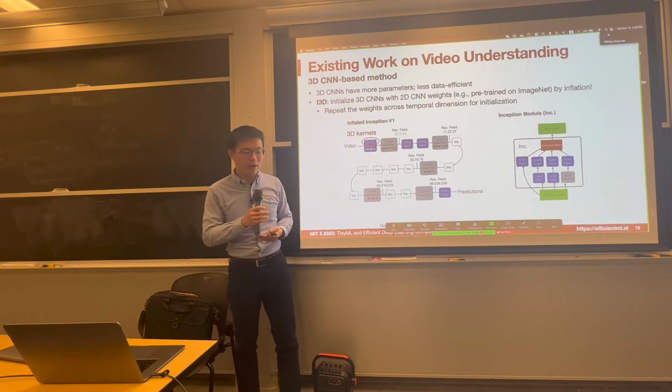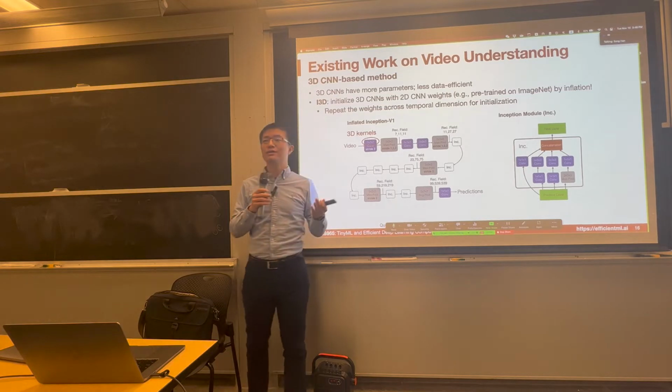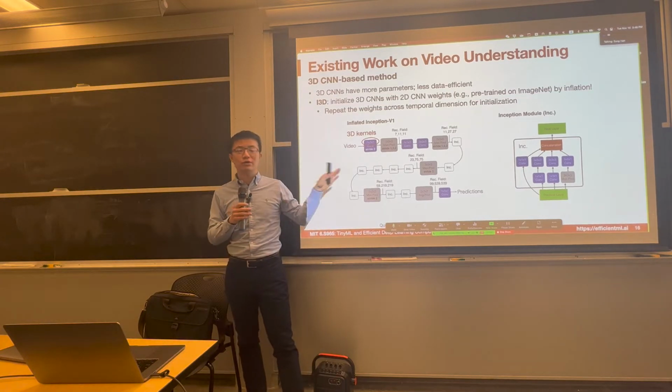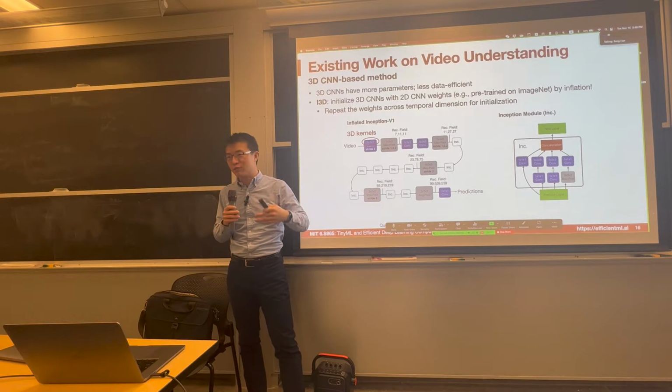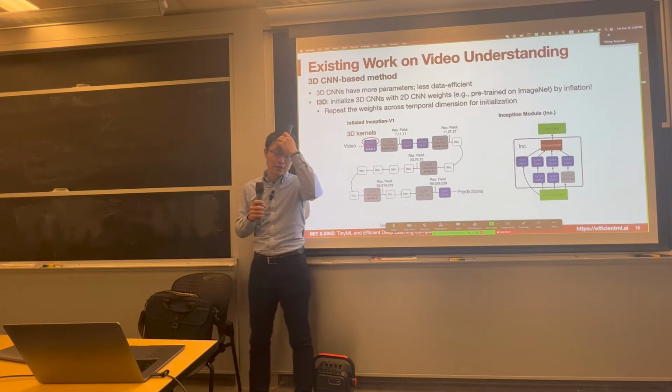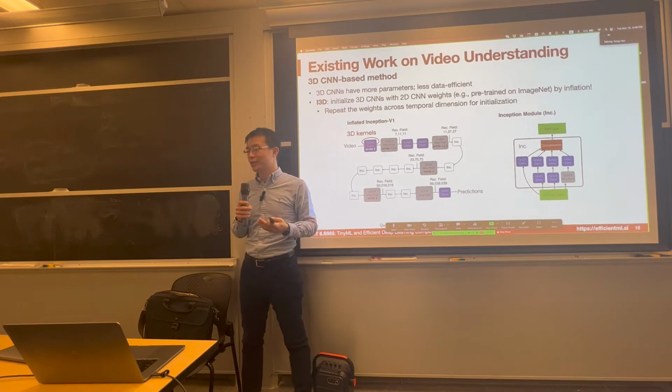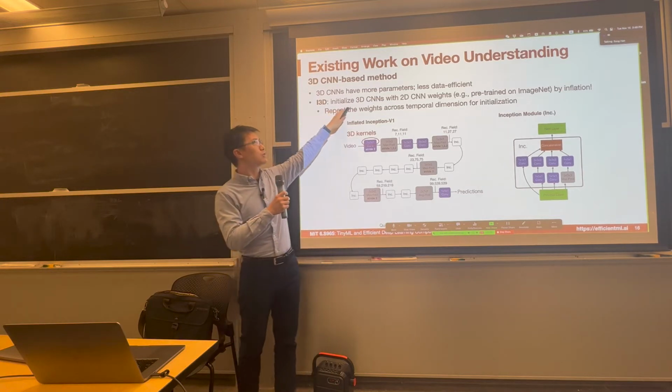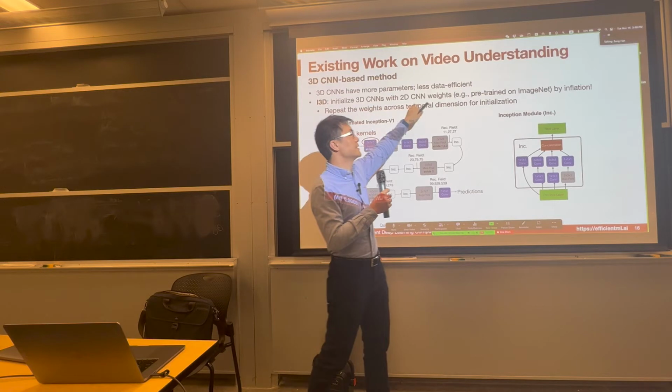How can we utilize the pre-trained ImageNet model, which is 2D, for these 3D models? We just uniformly initialize each timestamp. For example, we have 3 by 3 by 3, like 3 frames in the temporal dimension. We just initialize all those T dimension kernels using the pre-trained ImageNet model. So initialize 3D kernels with 2D kernel weights.